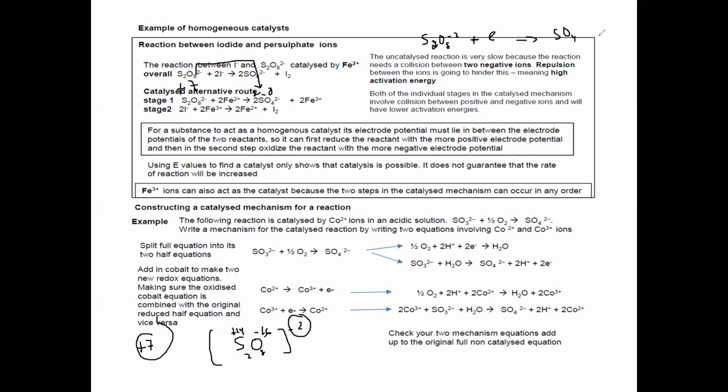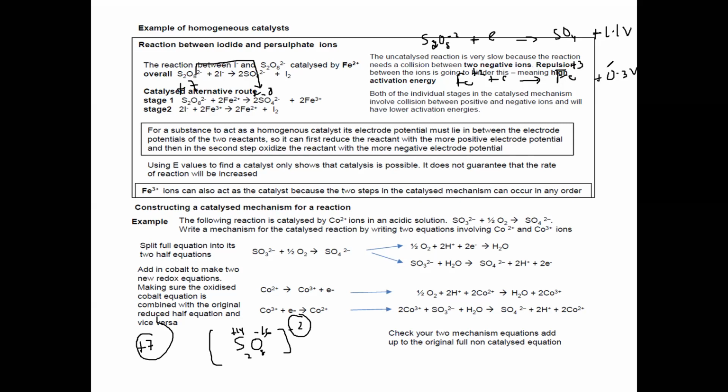Now if electrode potentials are given for S2O8 with a charge -2, say the electrode potential is +1.1 volt, and for iron 2 gaining electron and changing into iron 3, the electrode potential is given, say +0.3.